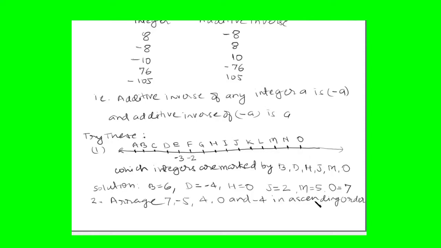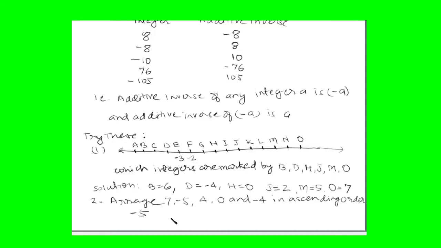Question 2. Arrange 7, -5, 4, 0 and -4 in ascending order. So we see that the least number is -5. So we put -5 at the first place.